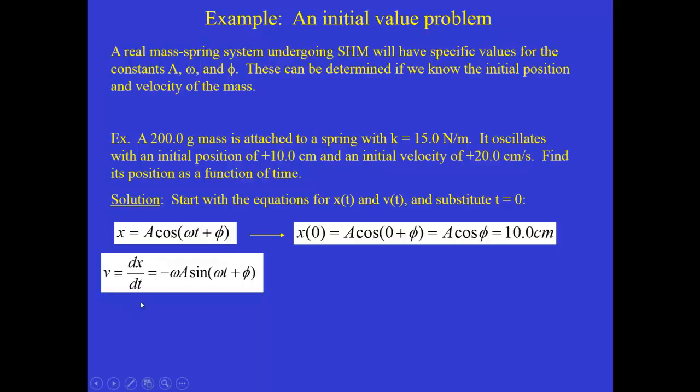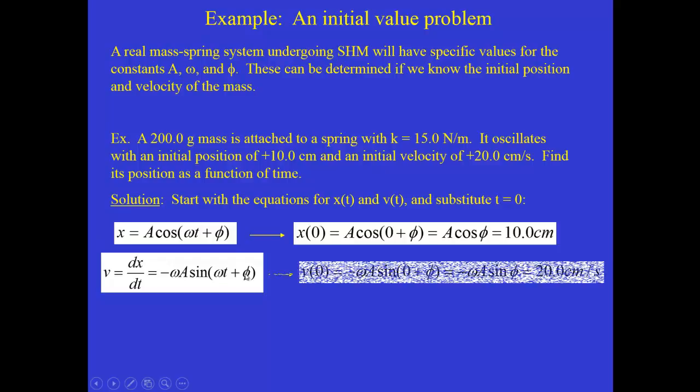So taking the derivative of the position, we get minus omega A sine of omega t plus phi, and plugging in t equals 0 to that equation, we end up showing that the velocity at t equals 0 is minus omega A sine phi. We're told that that value is 20 centimeters per second, and now we have enough information to combine the first equation that comes from the value of x and the second equation that comes from the value of v.